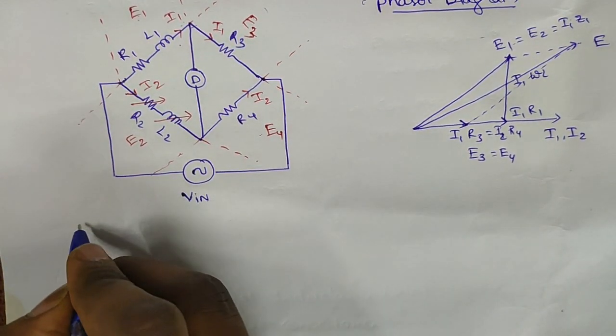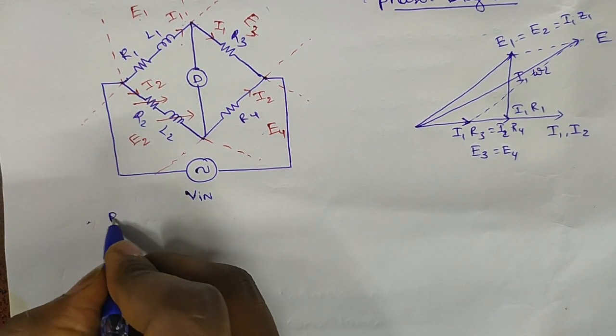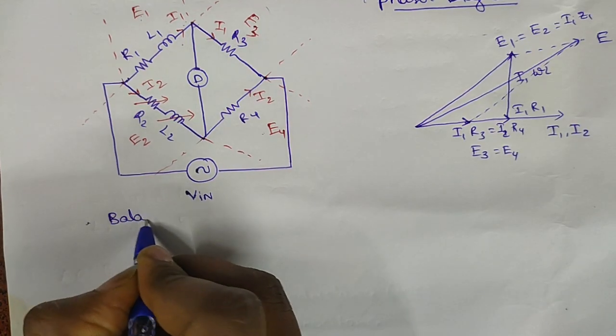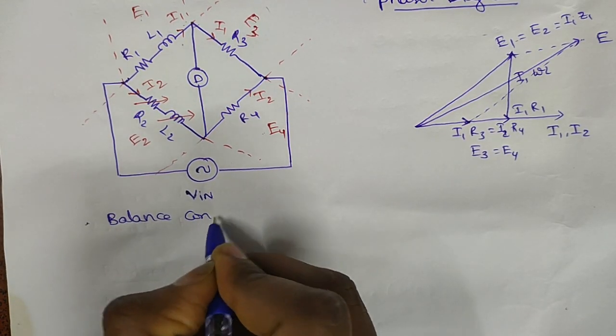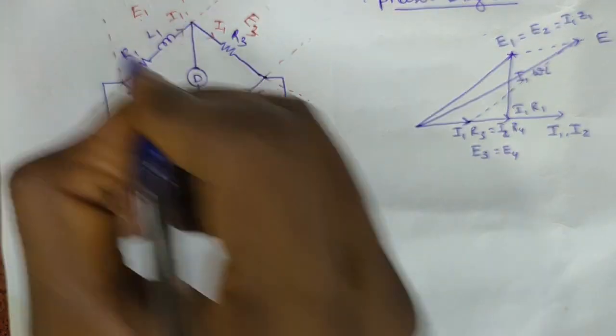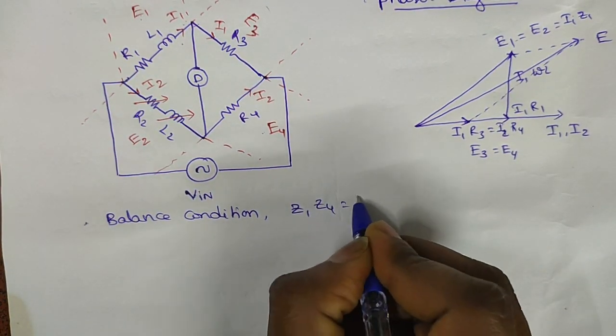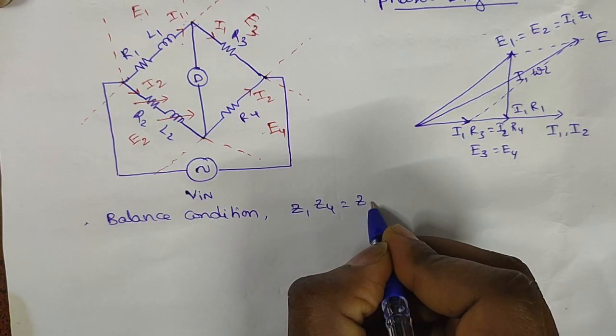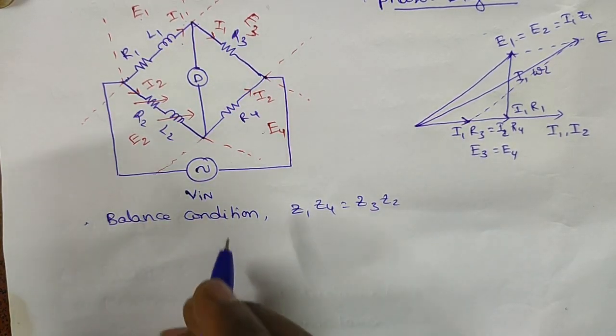Now the third step is the bridge balance condition. Balance condition is Z1 into Z4 is equal to Z3 into Z2.